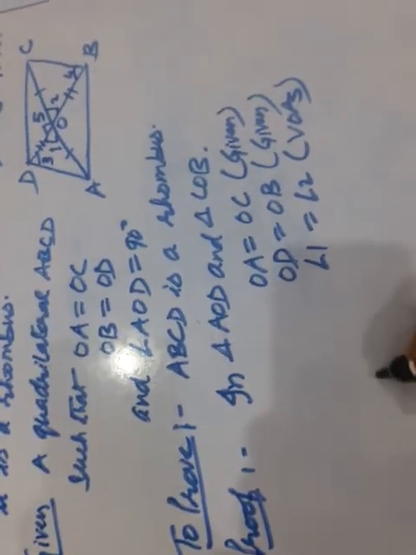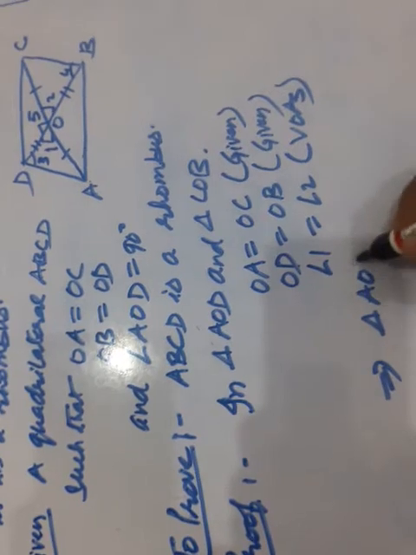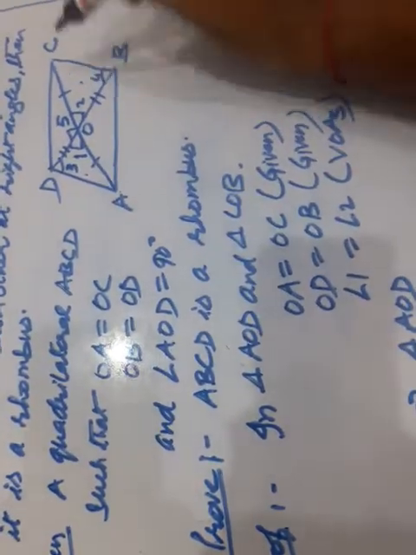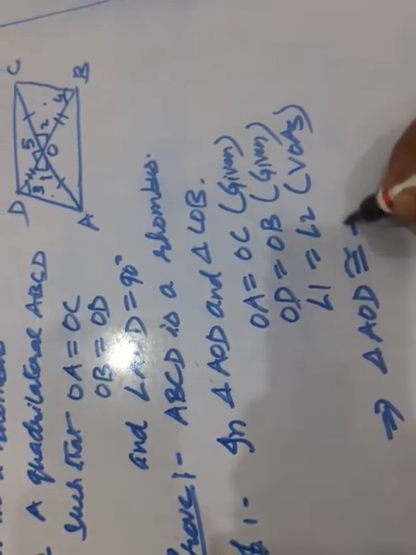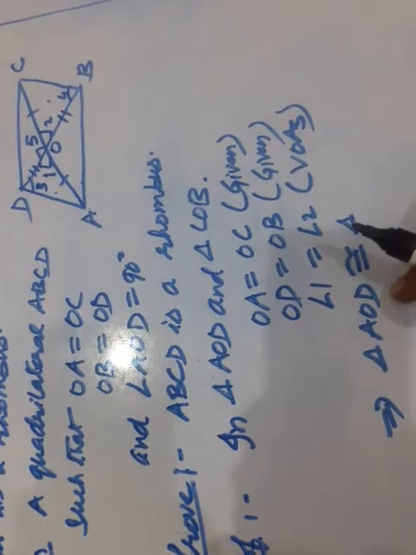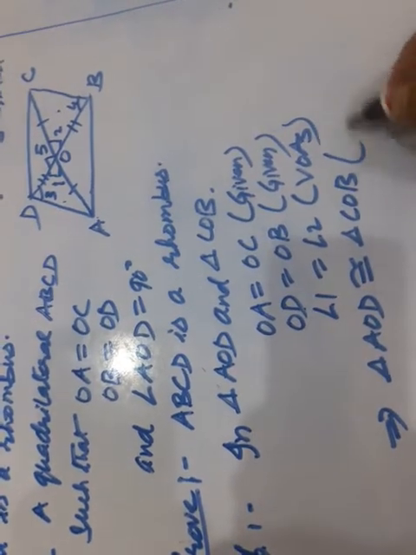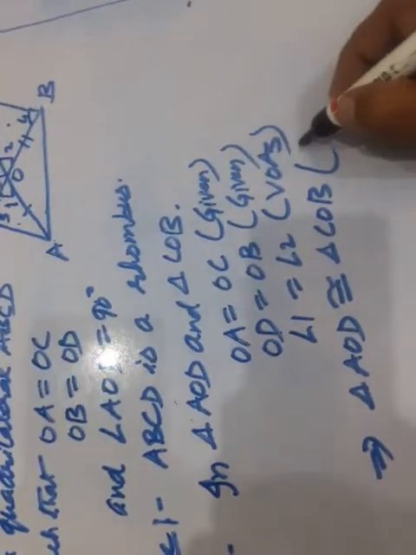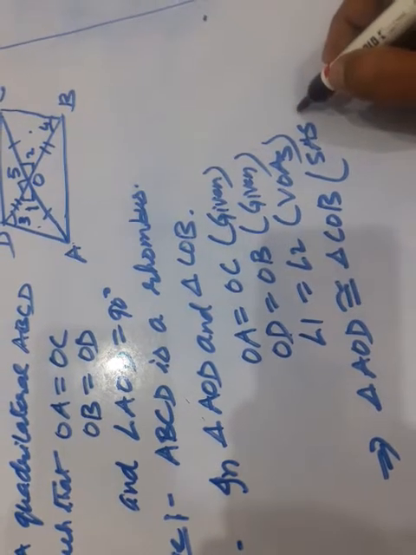This means that triangle AOD and triangle COB are congruent, triangle AOD congruent to triangle COB by which rule? By SAS rule. Okay, children.